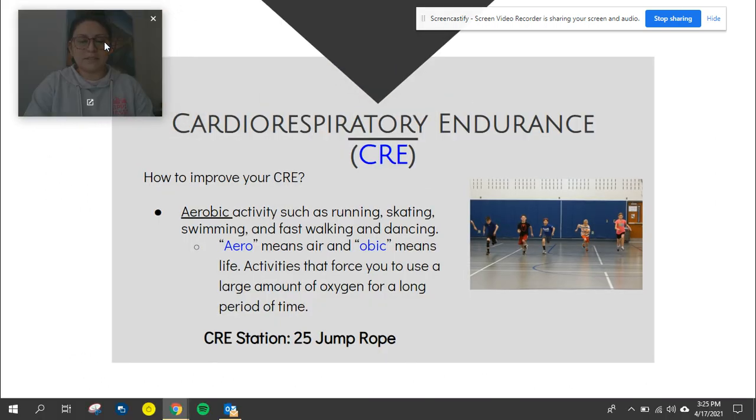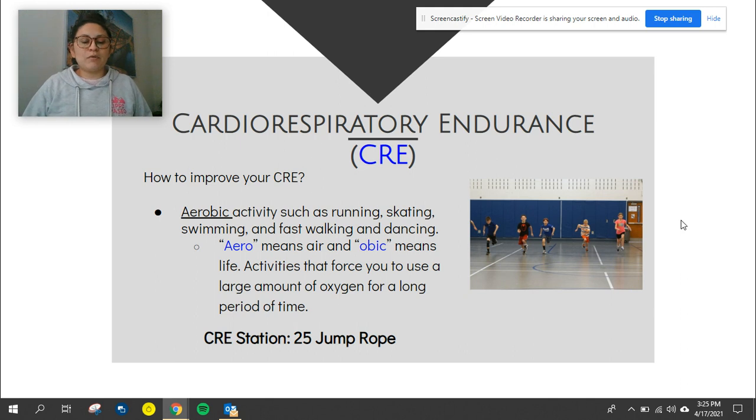Cardiorespiratory endurance. We're going to break it down a little bit more here. So how do you improve your cardiorespiratory endurance? You improve it by doing activities such as running, skating, swimming, any fast walking, dancing, anything that's going to increase your heart rate really fast. And you're going to notice by that heavy breathing. Cardiorespiratory endurance is also aerobic activity.